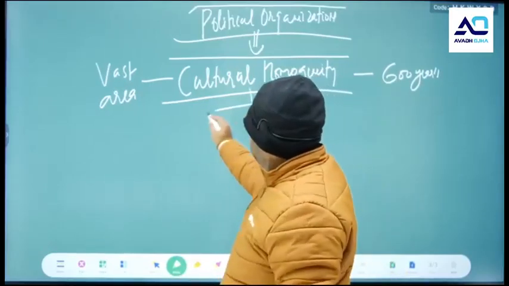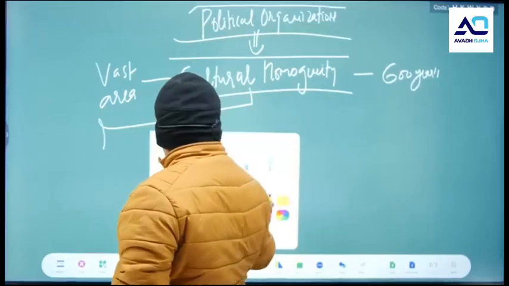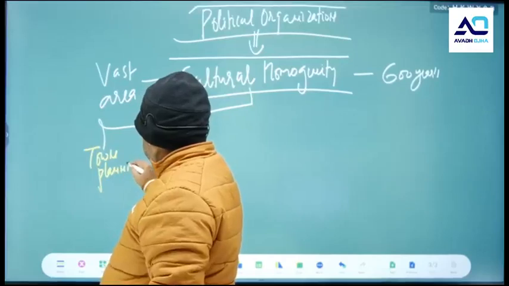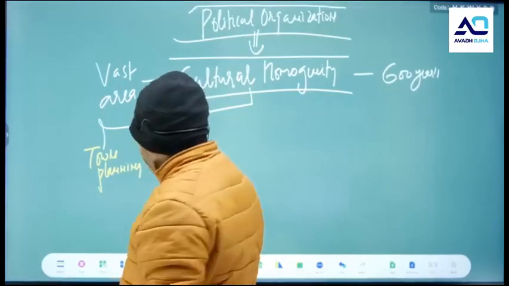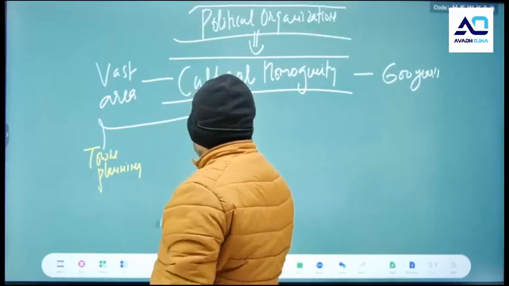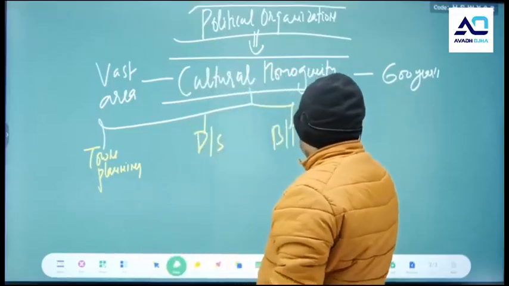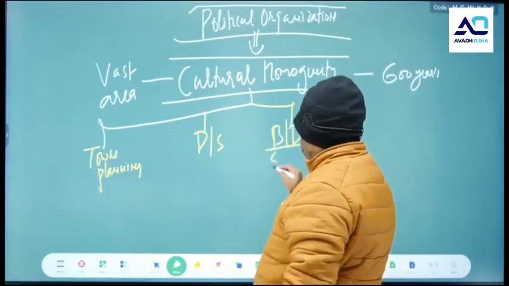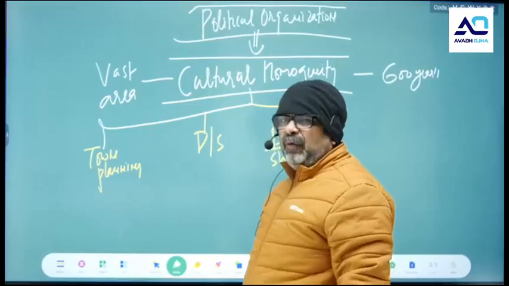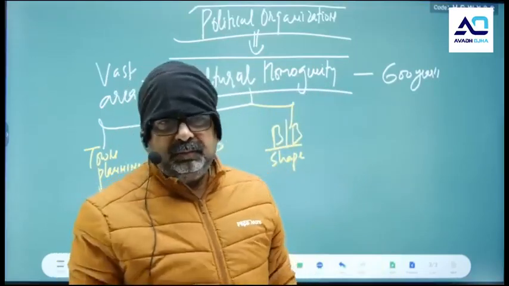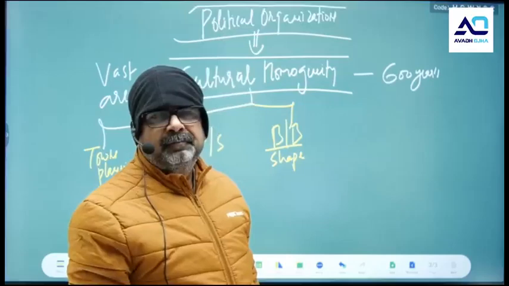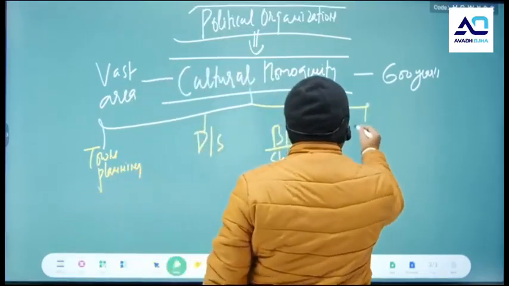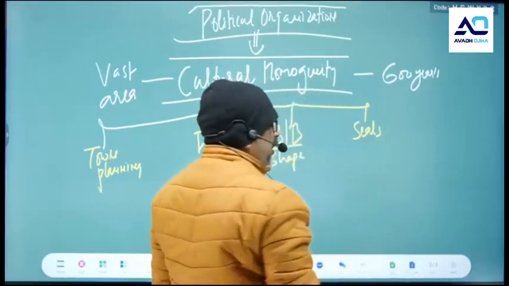Cultural homogeneity. Town planning. Drainage system. Burnt bricks. Their shape, uniform shape in all the cities, all 4:2:1. Seals narrating half of the story of Harappan civilization.